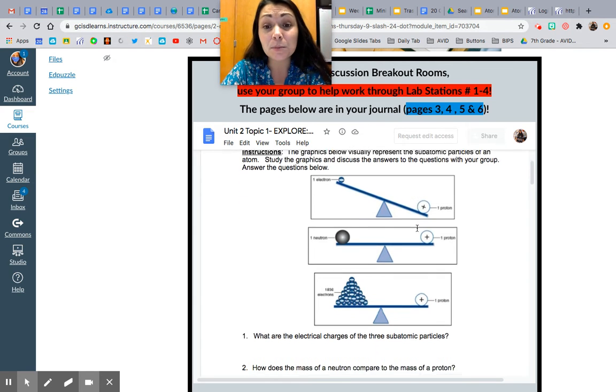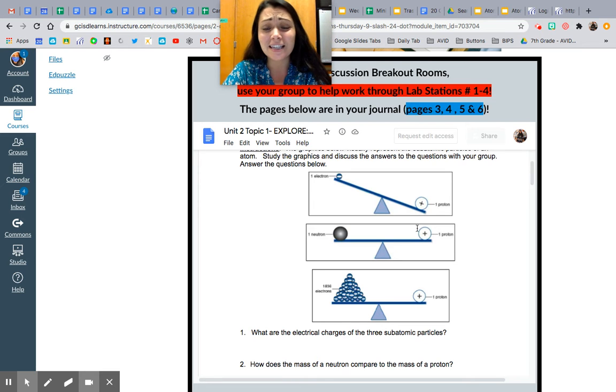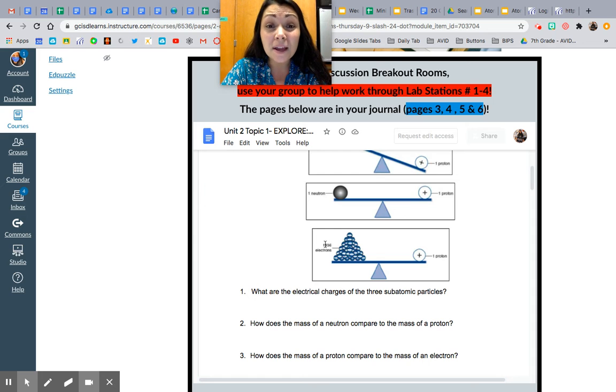So y'all, I talked about this before, I think, but I might be going crazy. Electrons are very light, protons are heavier. Protons and neutrons are about the same, so 1 AMU, atomic mass unit. And then there's about 1,836 electrons in 1 proton, and since protons and neutrons are the same, there's also about 1,836 electrons in a neutron.